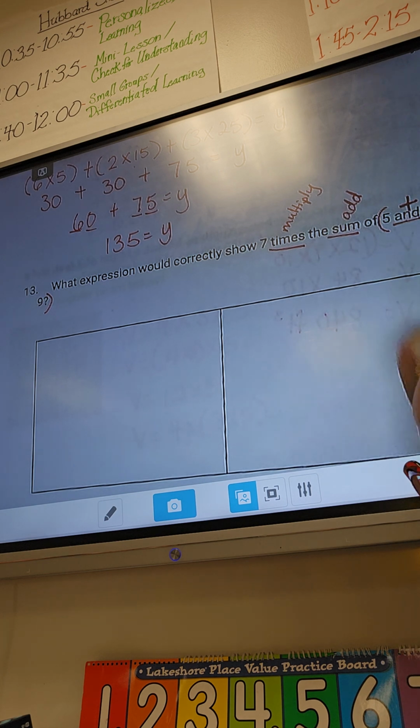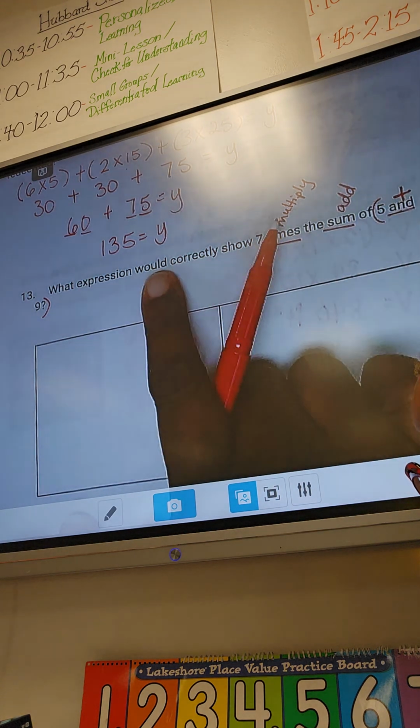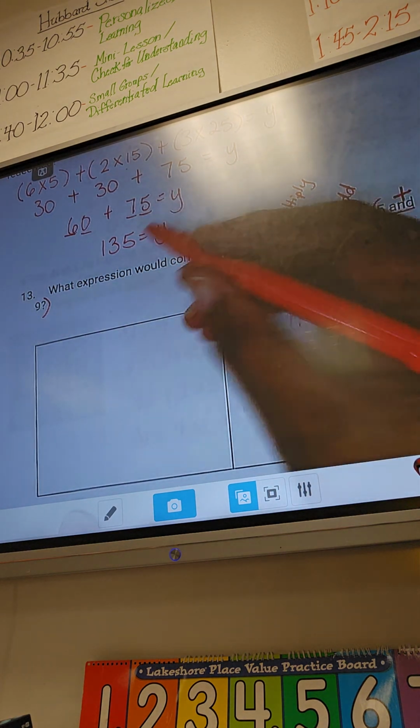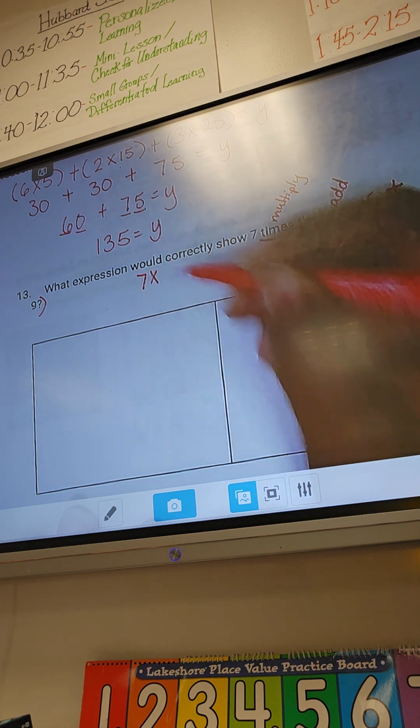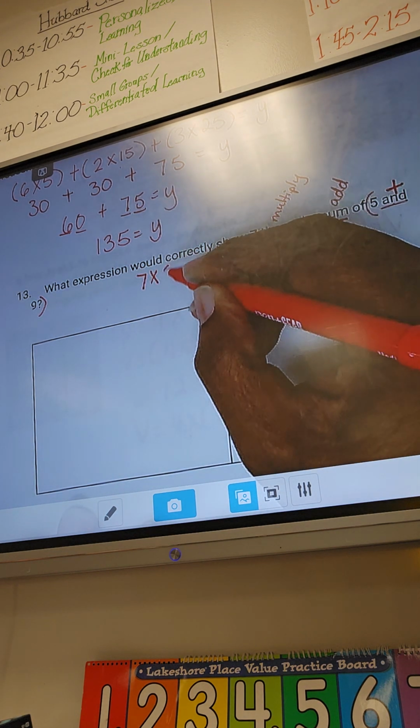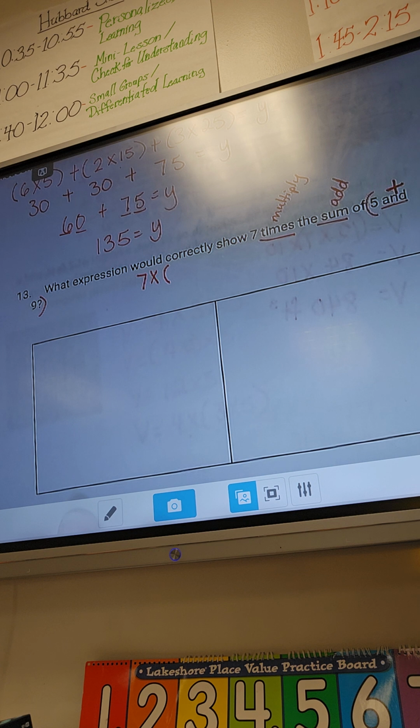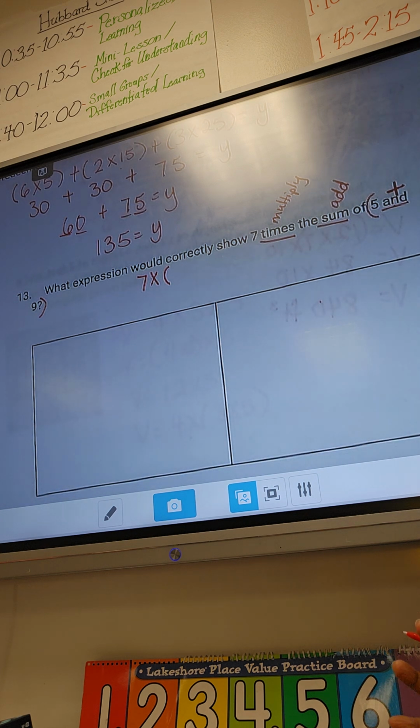So when you see that "and" in a sentence for math, more than likely they're asking you to add. All right? So here we go. What expression would correctly show 7 times... parenthesis, because it's a different type of equation.